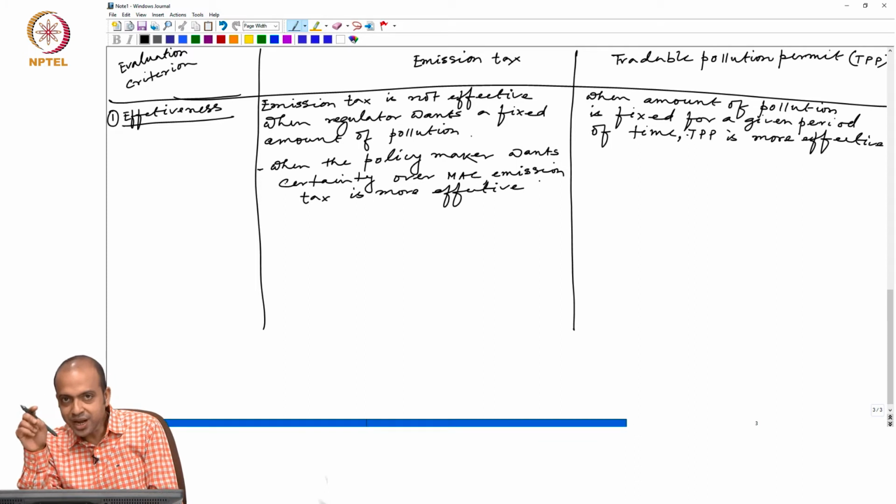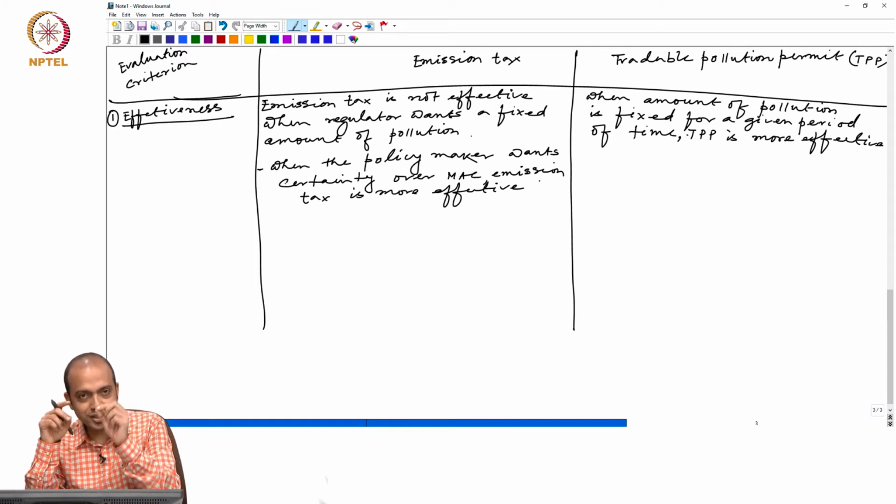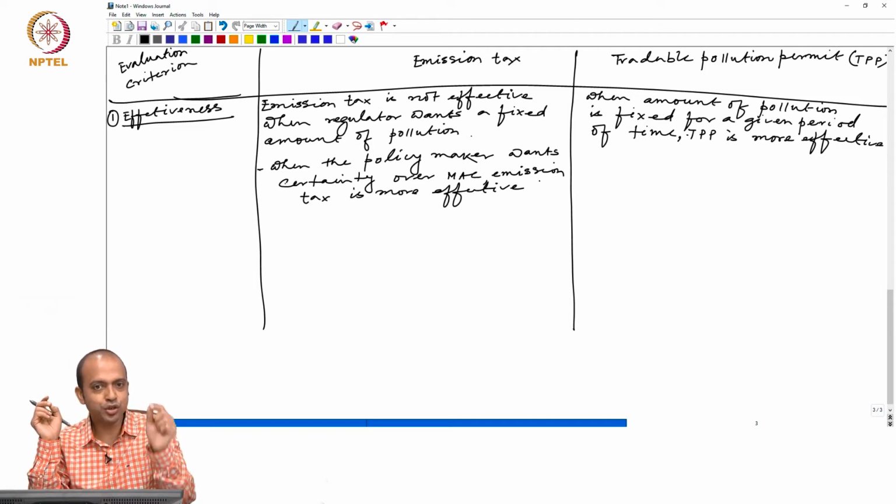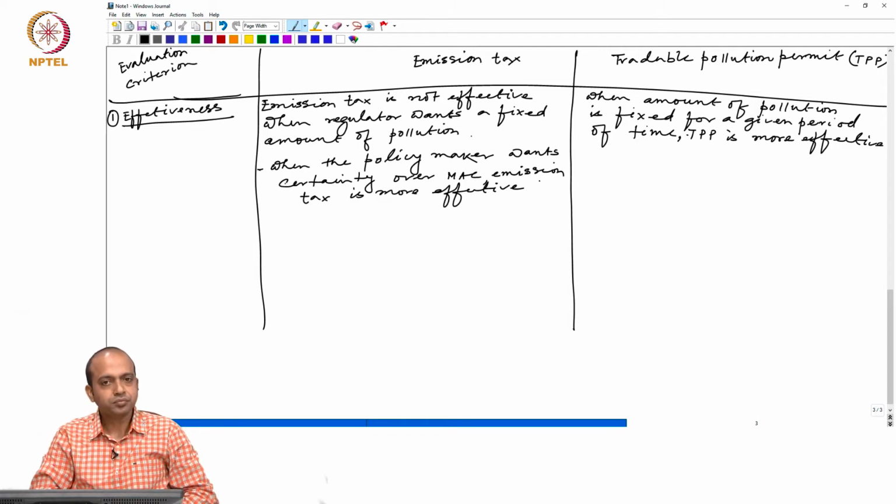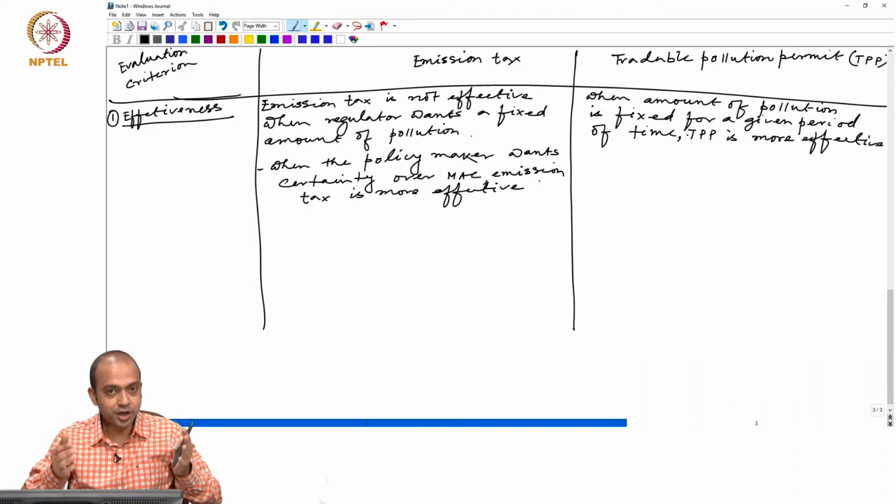Because in that case policymakers design the tax rate and policymakers know what the marginal cost of control is, that is T. But here, what would be the control cost is unknown, there is no certainty, because the policymaker has assigned the permits. Now what would be the price of the permit in the market is unknown a priori, it depends on the demand and supply of permits, which is unknown actually.